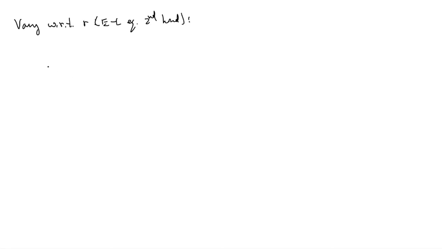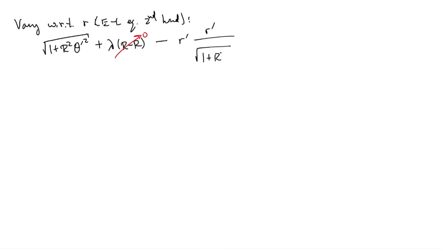And that looks like square root of 1 plus, and now I'm just going to insert our constraint results. That guy just goes away. That's just f minus r prime times r prime divided by square root 1 plus r squared theta prime squared. And these are 0.